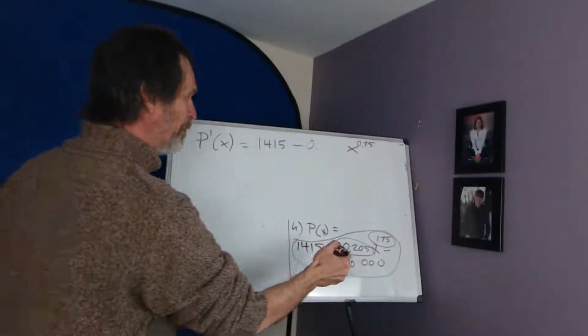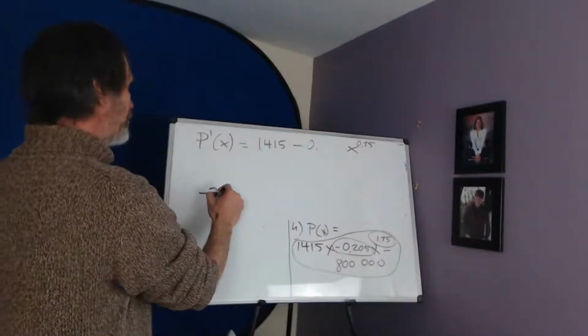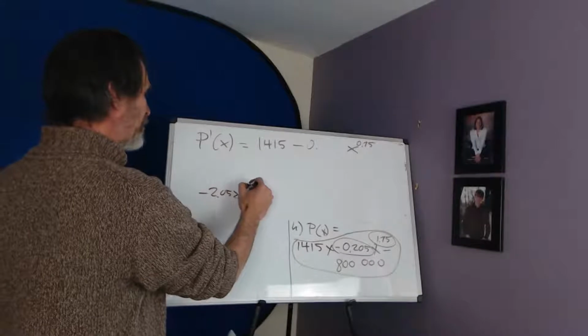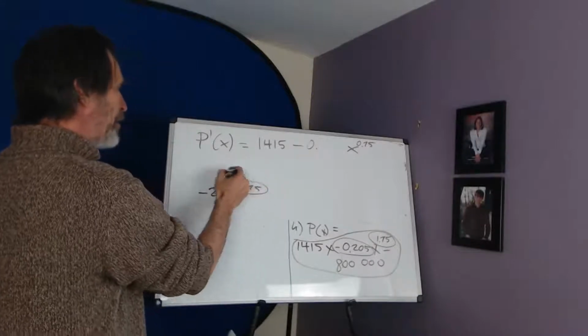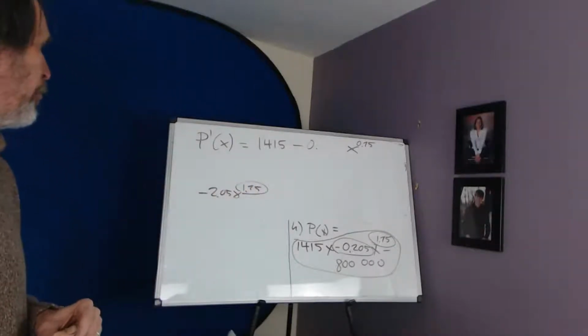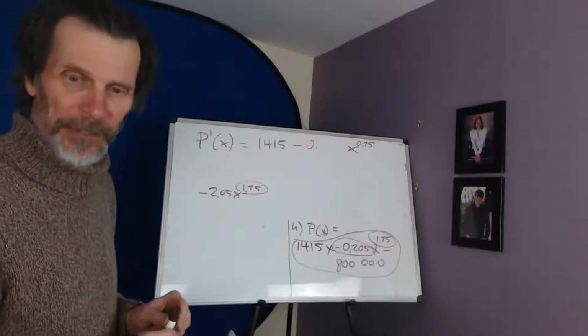So taking the derivative of that second term, negative 2.05x to the 1.75, using the power rule, what should that coefficient be, please?